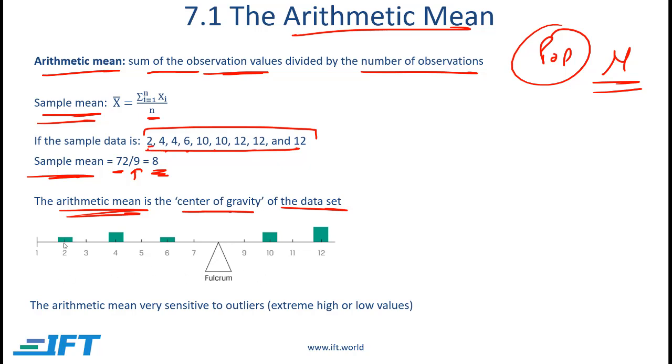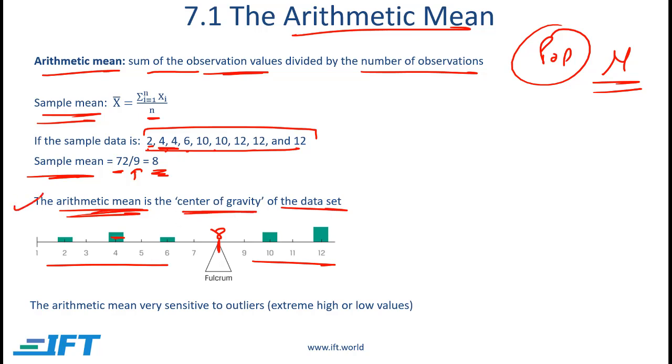We have 2, which is shown here, and then 2 values of 4, so that's shown here, and then all the other numbers are shown. The average is 8. This is the arithmetic mean, and this essentially represents the number such that both the sides are balanced. So you can think of arithmetic mean as the center of gravity.